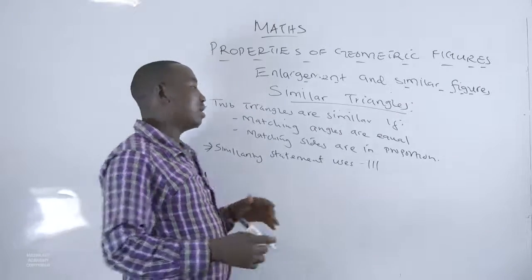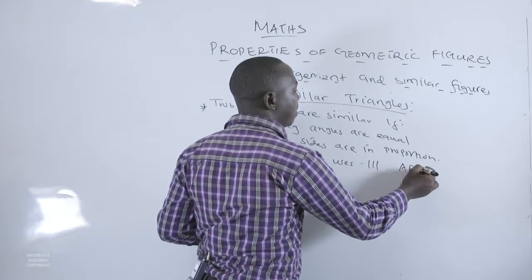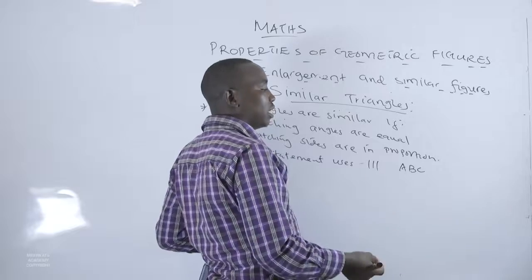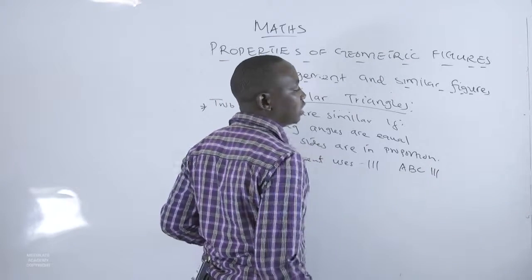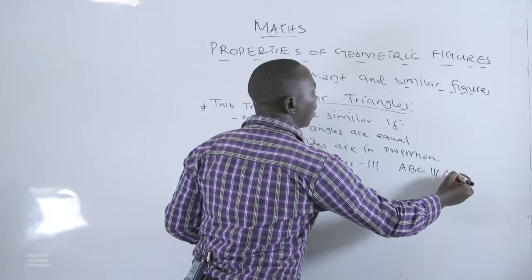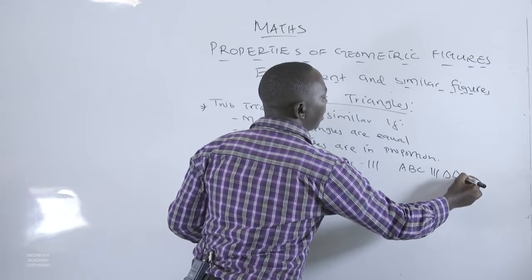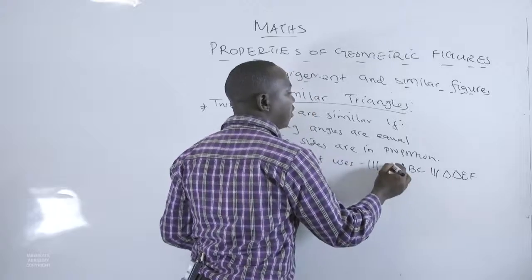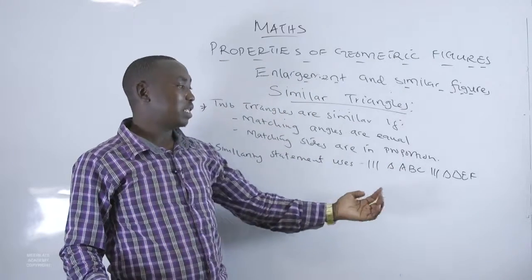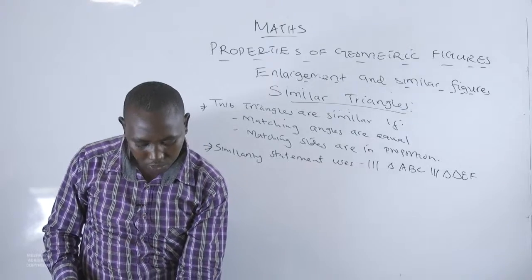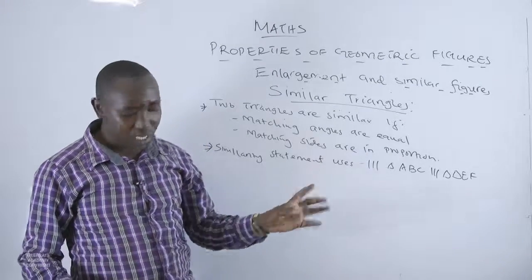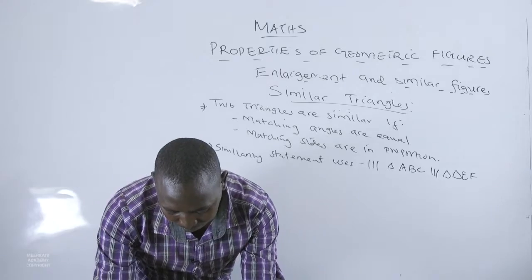The example given is that if ABC is similar to another triangle DEF, then we use the three strokes. So in this particular case, we shall say that triangle ABC is similar to triangle DEF.